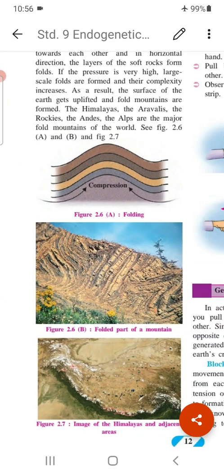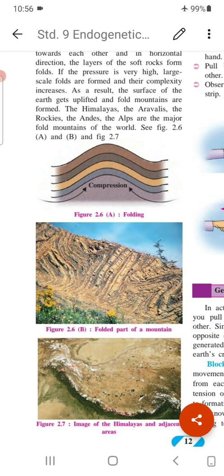The best examples of fold mountains are the Himalayas, the Aravallis in India, the Alps in Europe, the Rockies in North America, and the Andes in South America.